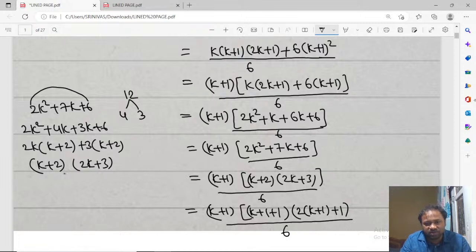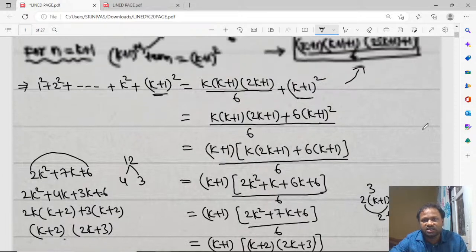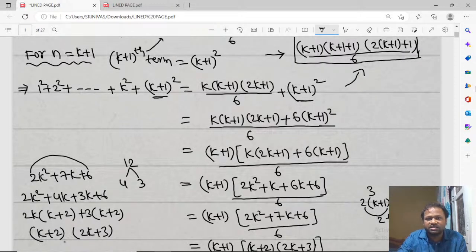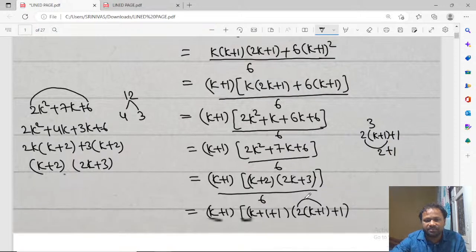Check it at once. 1 plus 1, 2. Here 2 into 1, 2. 2 plus 1 will be 3. So we can write this 3 as 2 into (k plus 1) plus 1. That means this 2 plus 1 will be 3. Right? Now check the answer. As we expected, this one, as it is, came.